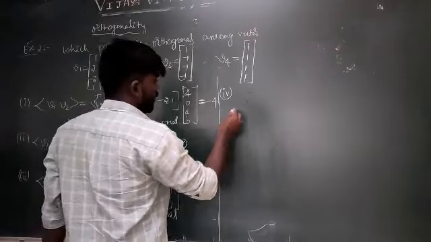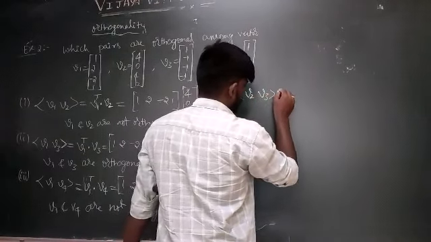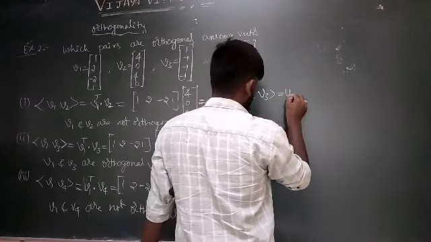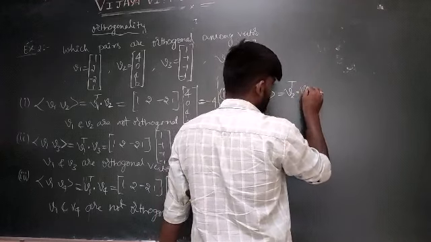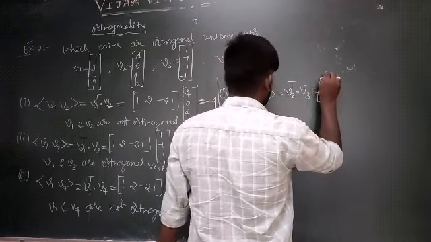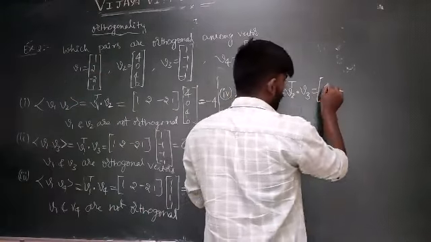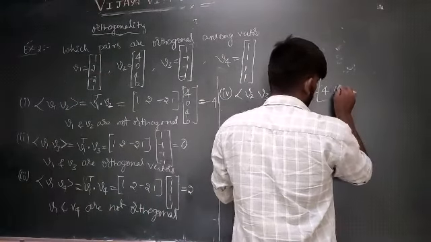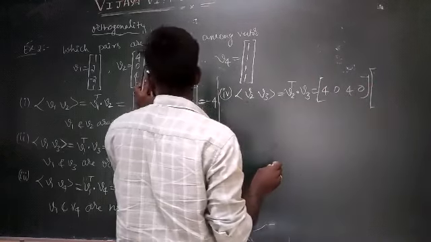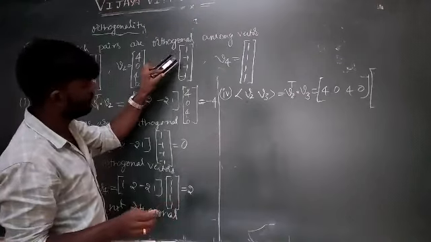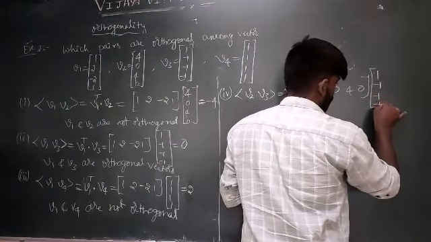We take the inner product of v2 and v3, which is v2 transpose dot product with v3. v2 transpose is (4, 0, 4, 0) as a row, and v3 is (1, -1, -1, -1).